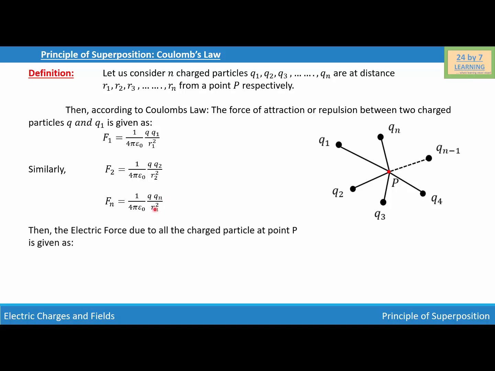Now we want to find the net electric force, so we will write the force due to all the charged particles at point P as F is equal to F1 plus F2 plus F3 plus ... plus Fn. Now let's substitute the values of F1, F2, F3, ..., Fn from here into this equation, and if we do that we will get this expression.